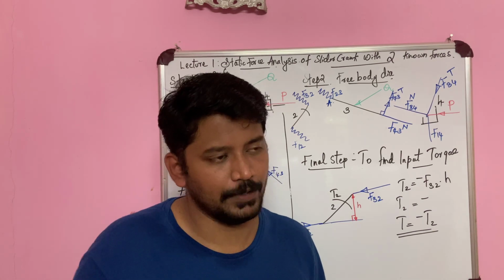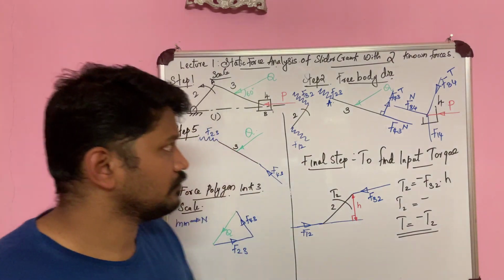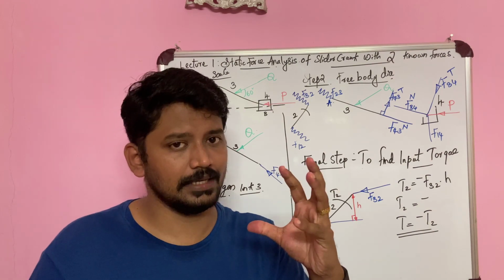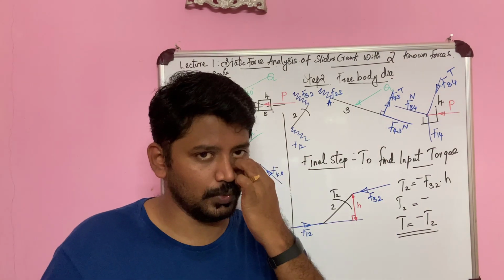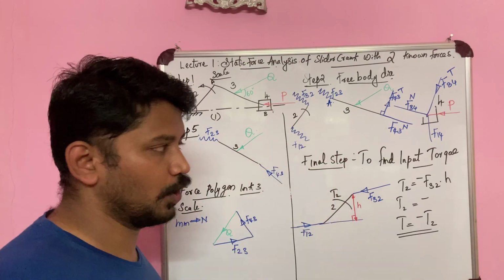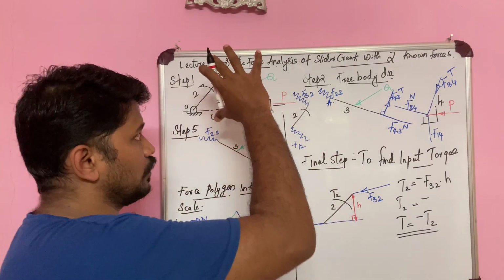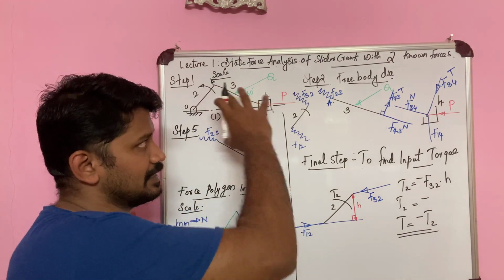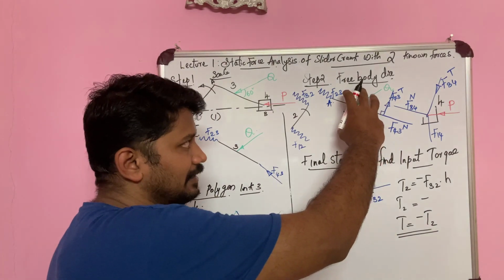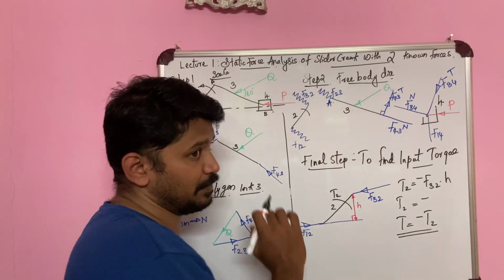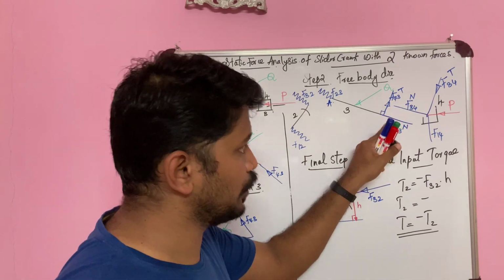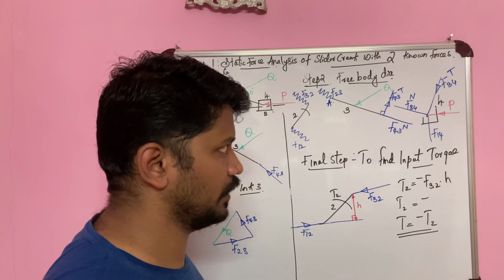in an easy way. Now let me first tell you how we do this. In all the steps I'll show to you once, so that you will have an idea on what all things we have to do. First we draw the configuration diagram as per scale, then the free body diagram. After that we take link 3 and take moments with respect to point A, and find the values of the two components of F43 that we have taken over here.